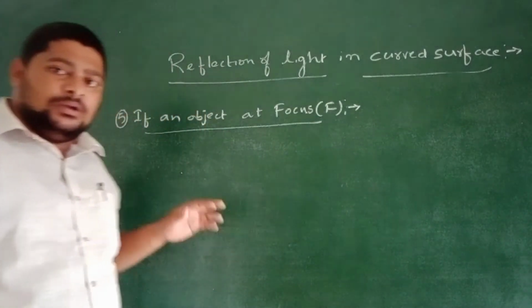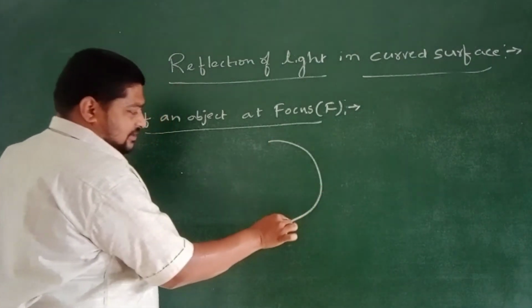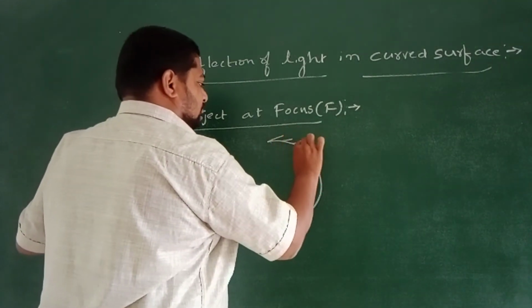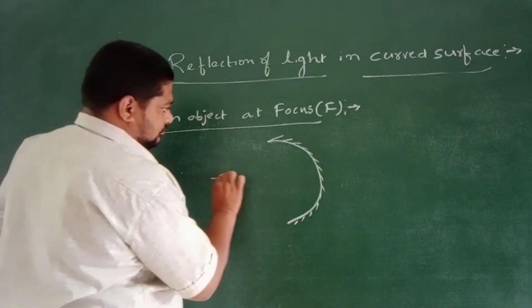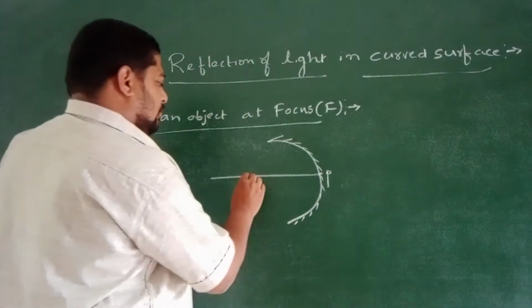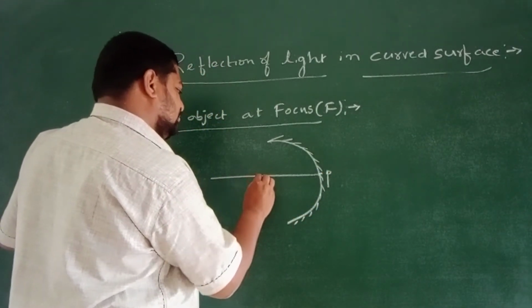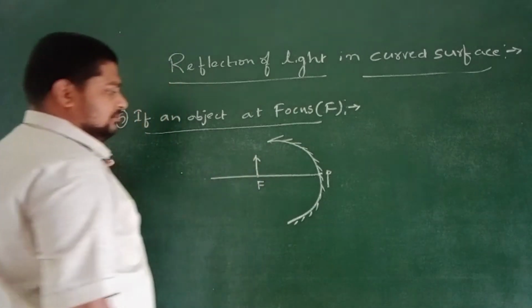Draw the ray diagram. Now we can understand how we get the image in this case. See, this is the concave mirror. This is the pole. Now I will take the object here at focus only.